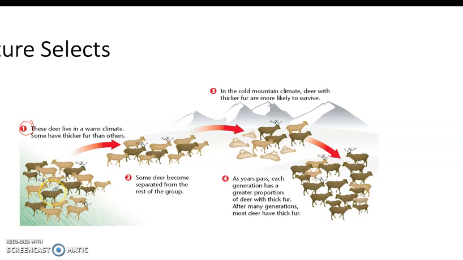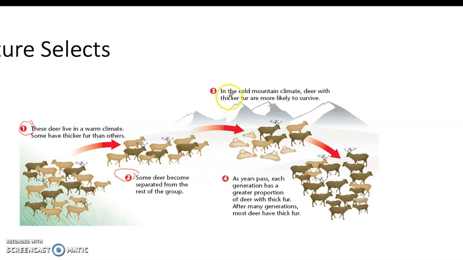The brown ones indicate a deer with thicker fur. Now, over time in the colder regions, some of the lighter colored deer will become separated from the herd by accident, by getting sick, getting tired, whichever. A reason to get away from the herd, it happens.